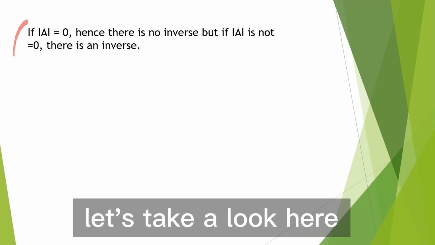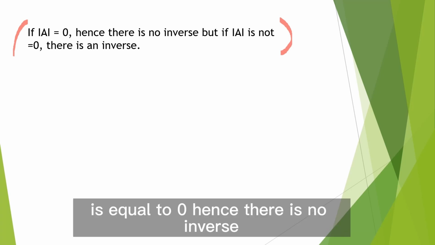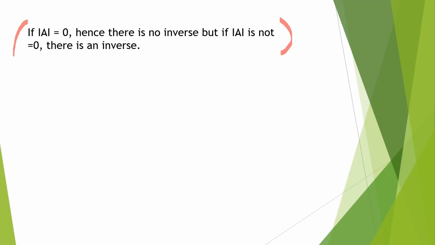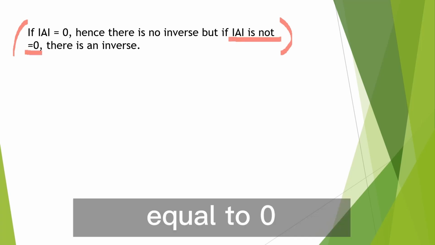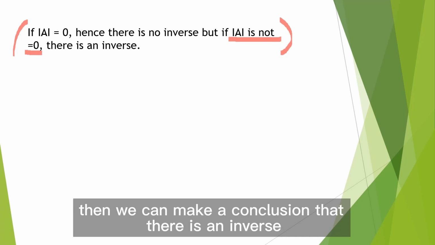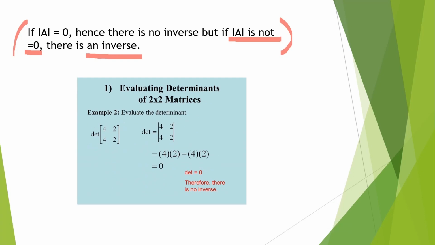Let's take a look here. If the determinant of A is equal to 0, hence there is no inverse. But if the determinant of A is not equal to 0, then we can conclude that there is an inverse. Here's an example for 2 by 2.